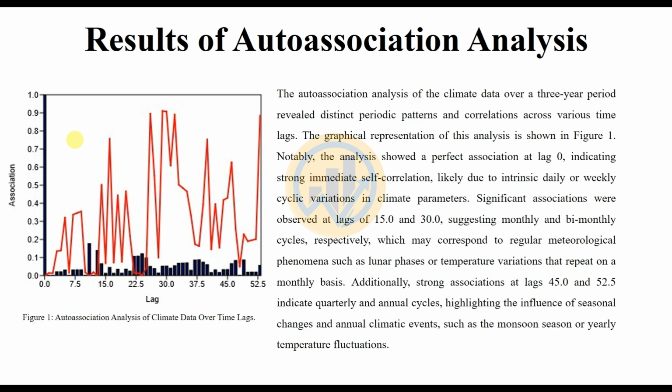variations in climatic parameters. Significant associations were observed at lags of 15 and 30, suggesting monthly and bi-monthly cycles respectively, which may correspond to regular meteorological phenomena such as lunar phases or temperature variations that repeat on a monthly basis.